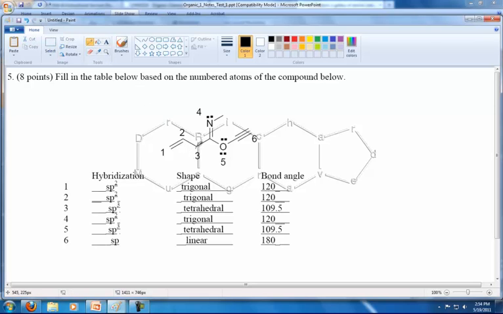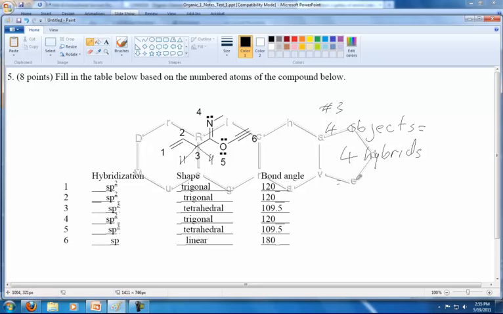If we take number 3 for example, number 3 is single bonded, but it actually has 4 things attached to it. We're going to have 2 hydrogens that aren't drawn in, but we've got 1, 2, 3, 4 things attached to atom 3. Four objects means we need 4 hybrids, because we've got 4 things that need to be bonded to that central atom.